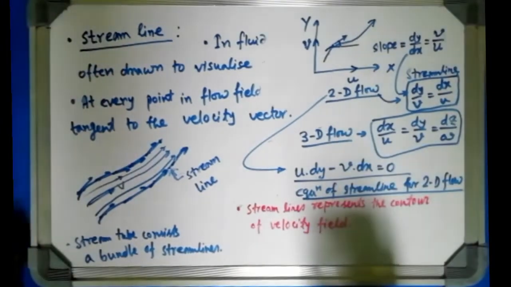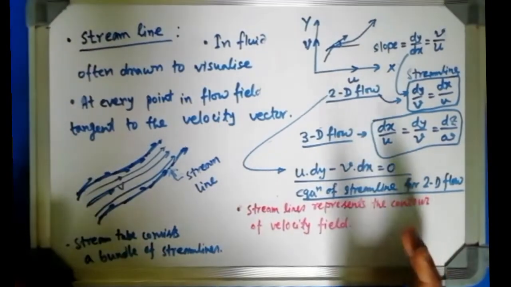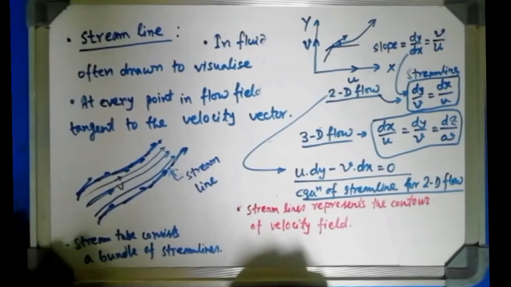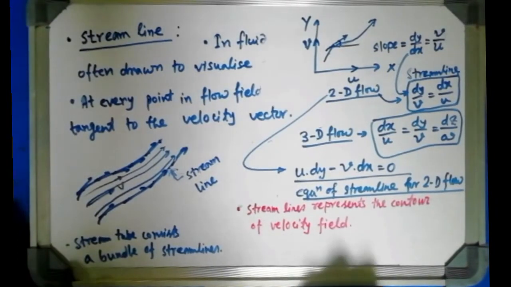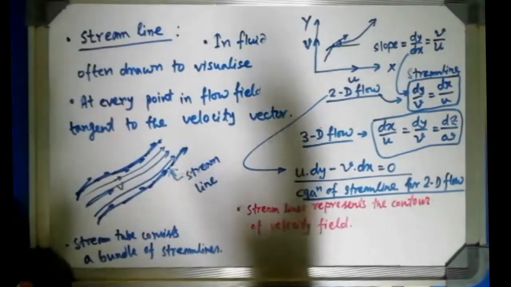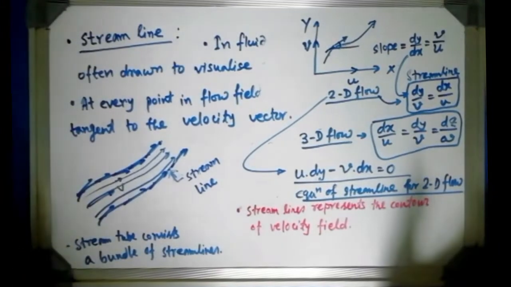That means the flow is occurring in two dimensions. Why am I concentrating on 2D flow? Because for the velocity potential function and the stream function, we are more concentrating on 2D flow. So now I think the streamline concept is clear for all of us.